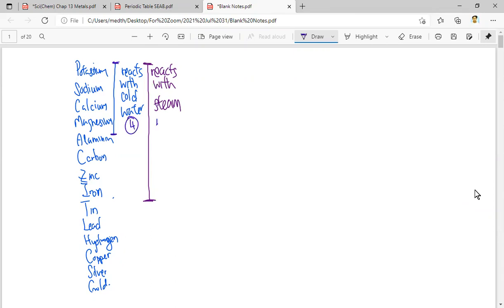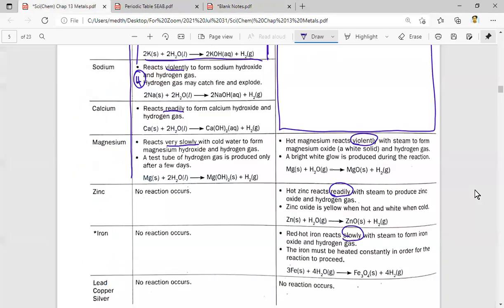How many react with steam? The first 4 plus another 4, which equals 8. So 4 react with cold water, the first 4. How many react with steam? It's the first 8, until iron.